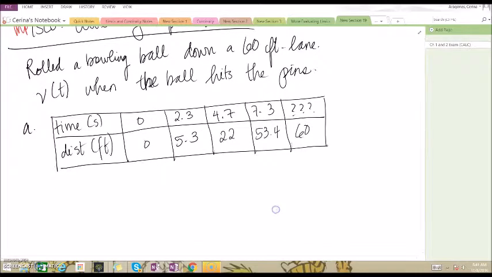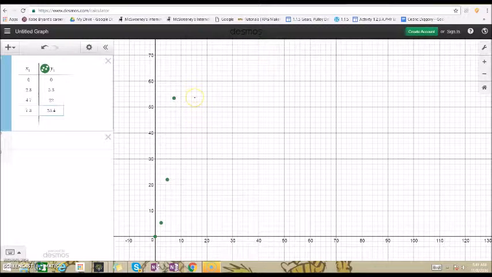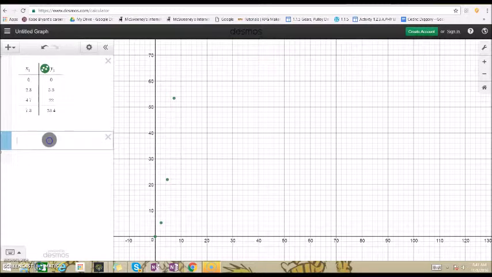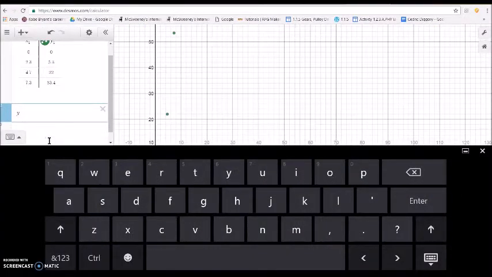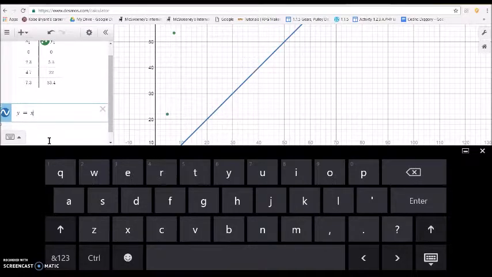So the very first thing you were supposed to do was to graph this data and then use your graph to find the time at moment of impact. So if you graph your data, you notice it looks like a parabola. And then when you do your line of best fit, you have a parabola.